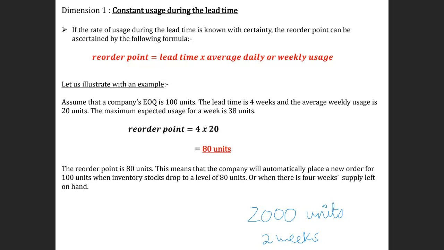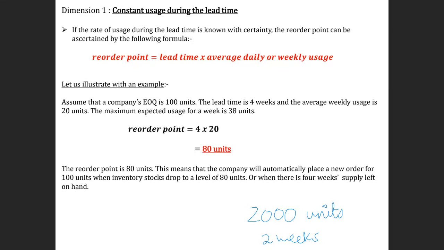We are not going to have a situation of holding safety stock because, based on historical information, based on what happened in the past, it was always 2,000 units that had been held for 2 weeks at a time, and it sufficed. It was enough for those 2 weeks.